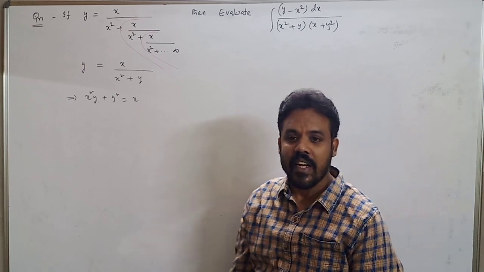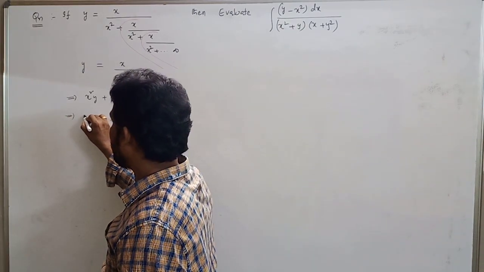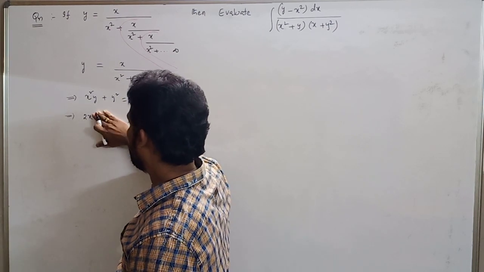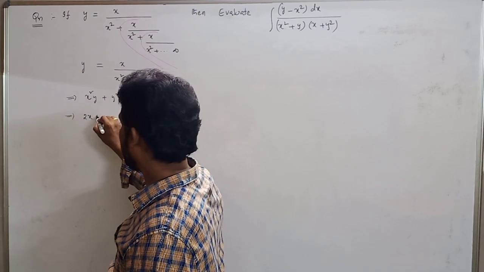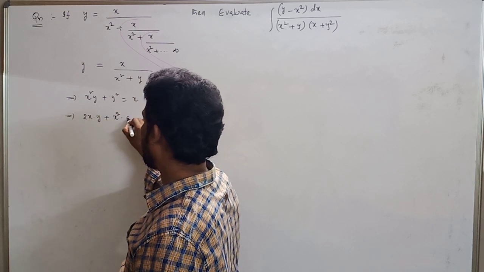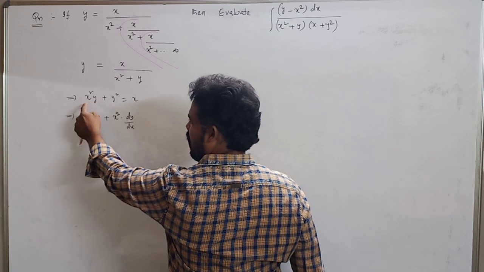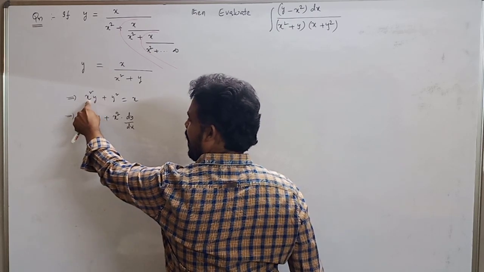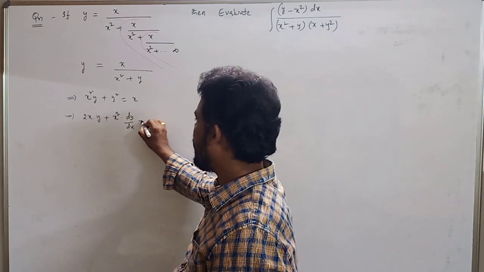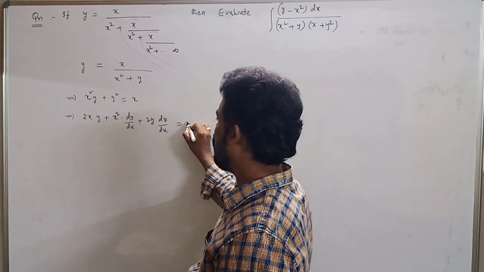Keep it like that. Now differentiate with respect to x. That is 2x into y, using the UV rule: y into derivative of x square, which is 2x, plus x square into dy by dx, plus derivative of y square, which is 2y dy by dx, is equal to 1.